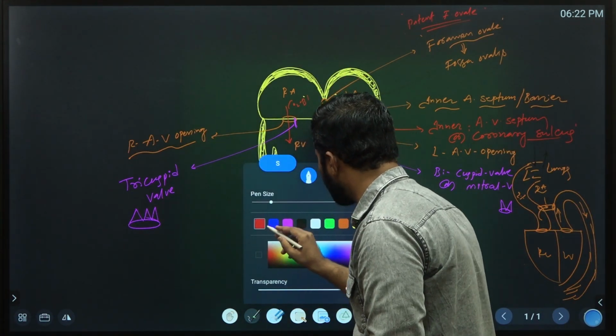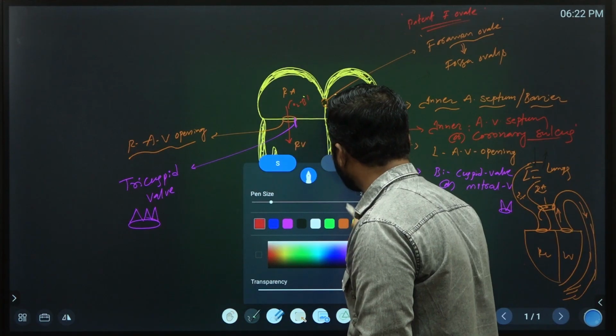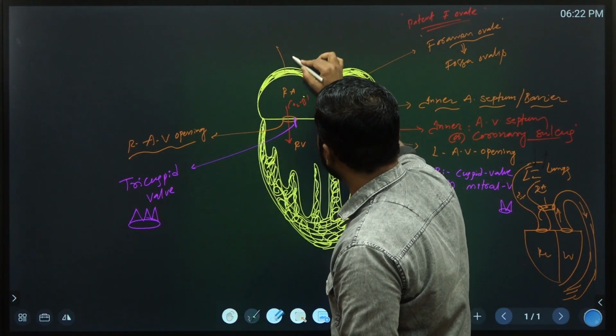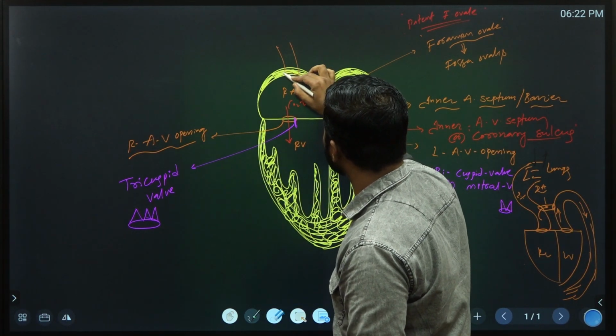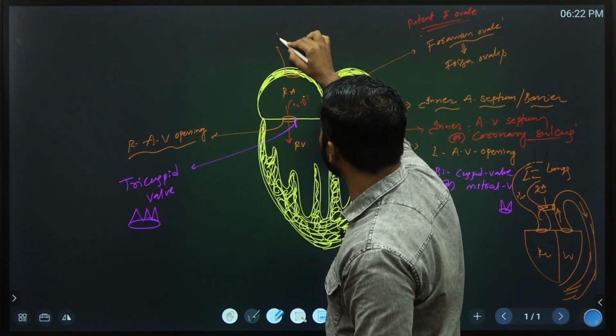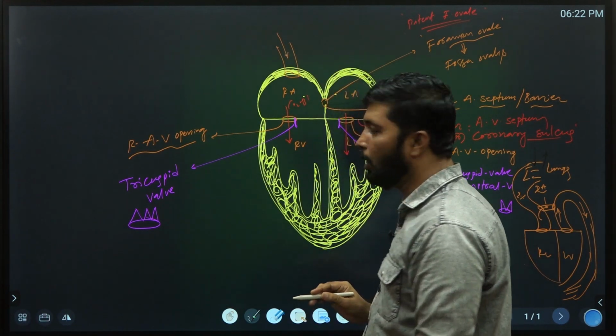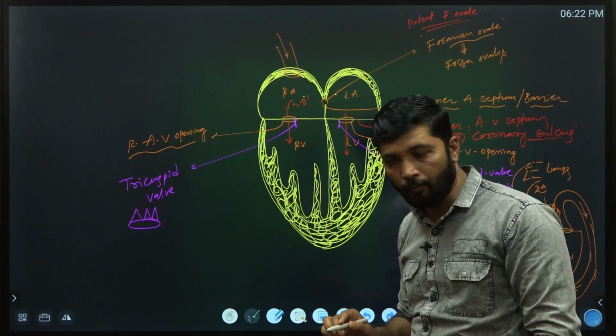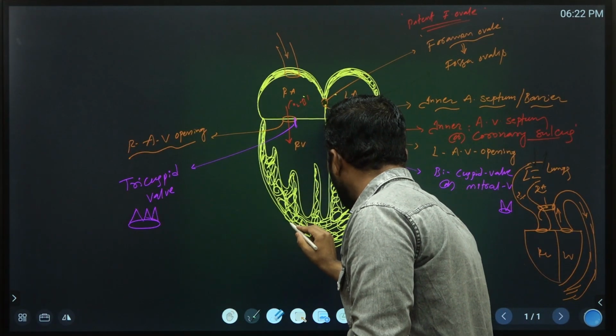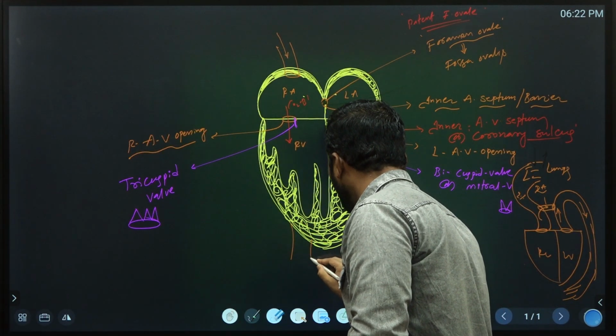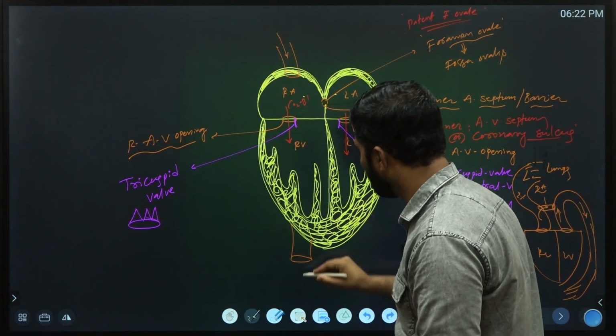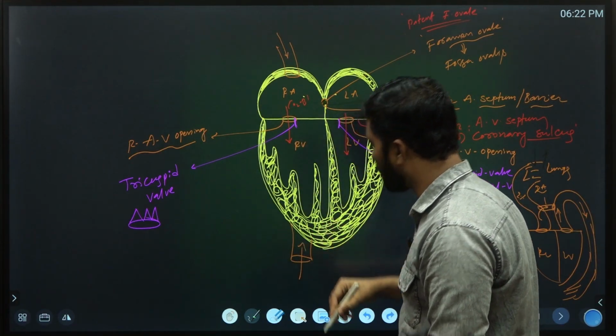If you take the deoxygenated blood from different body parts, it comes by caval veins. This is the precaval vein or superior vena cava. Next, this is the postcaval vein or inferior vena cava.